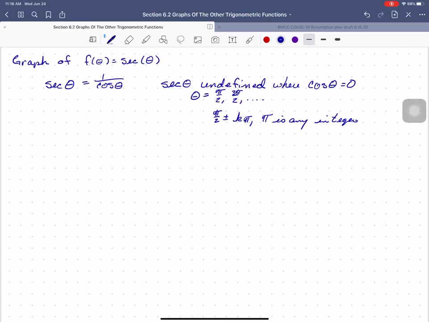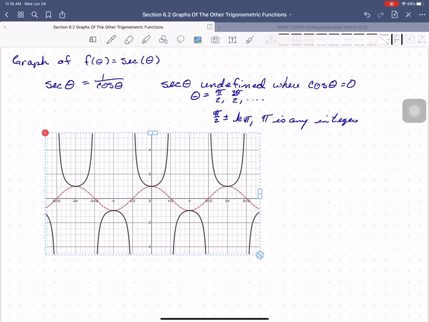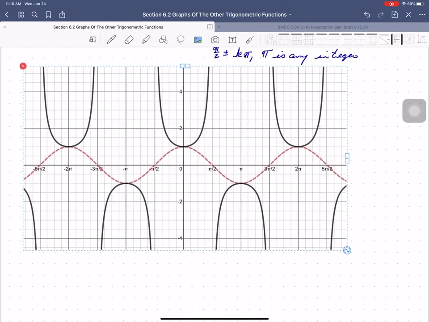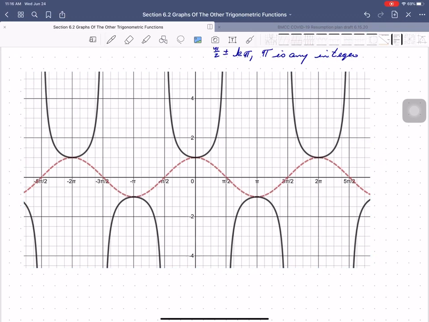So I'm going to go ahead and show you the graph of secant. And then we're going to talk about some things. So this is kind of an odd looking graph, and I'm going to explain to you what this is. The red curve in here is just cosine theta, and I put it in for reference.